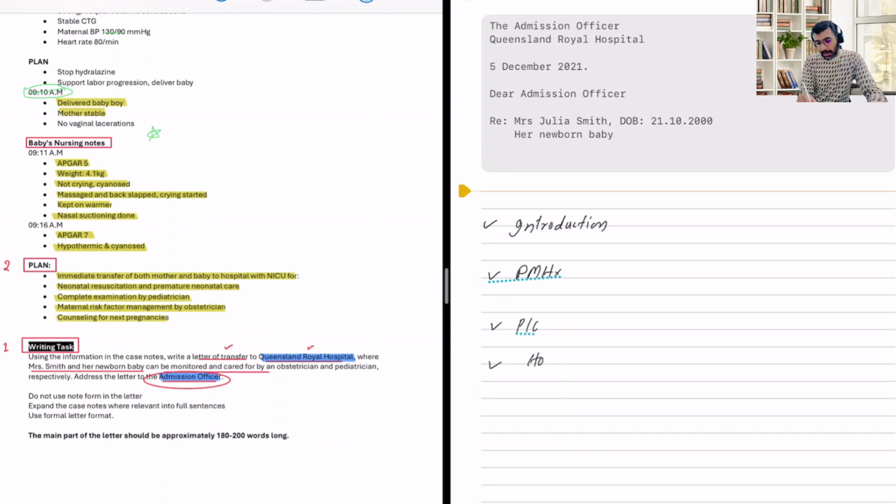Fourth is hospital stay details. Then current status, and in the end, conclusion.